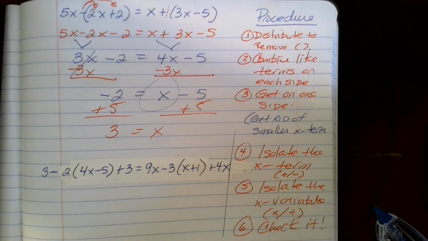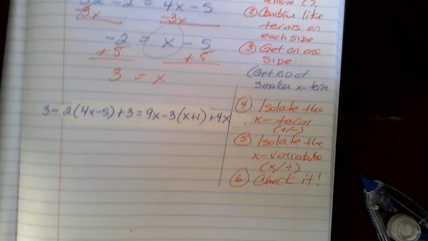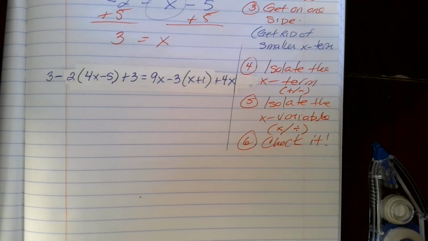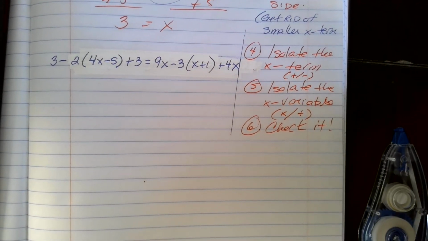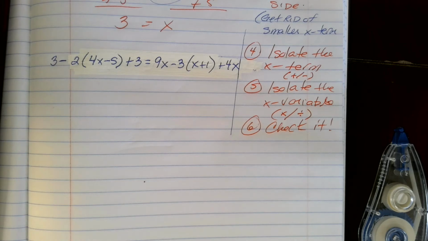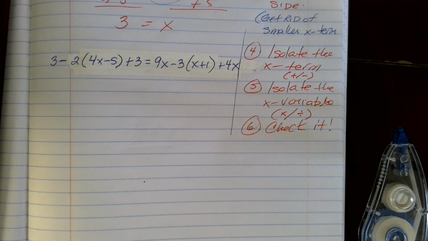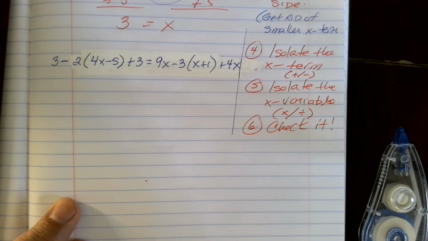So here's another example. Maybe you want to pause it and try this one on your own. If I follow the procedure we set forth before, we would just remove our parentheses first.